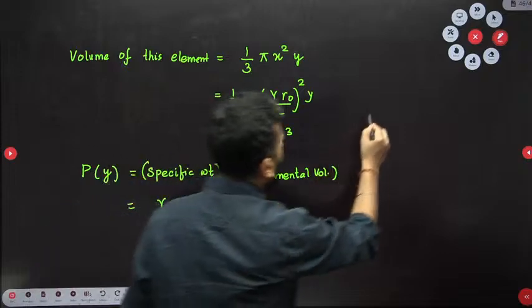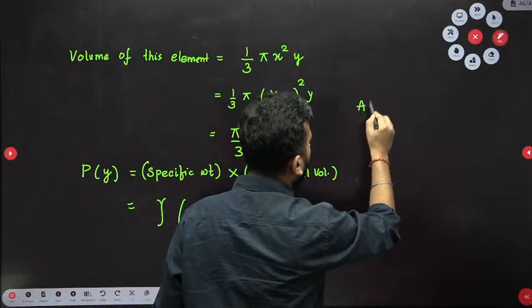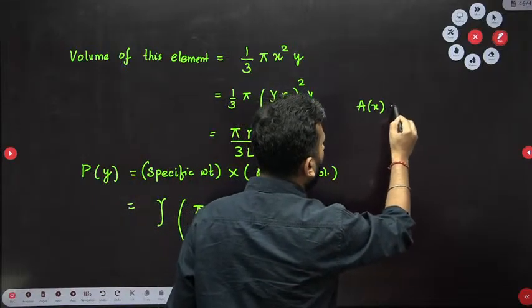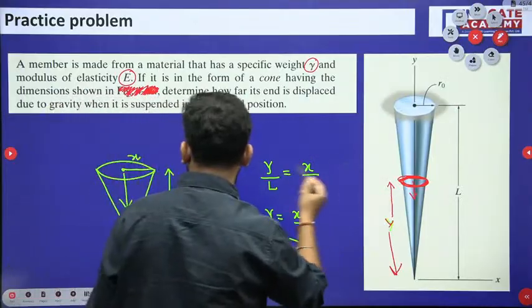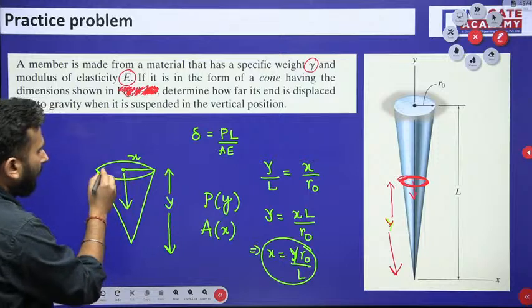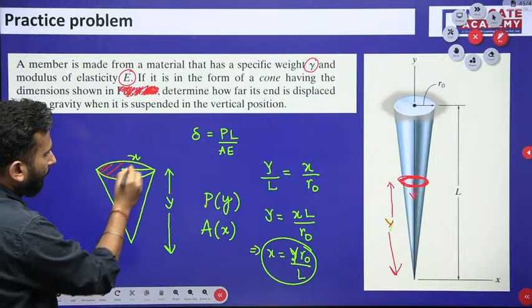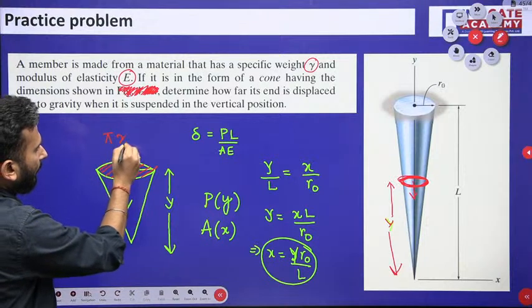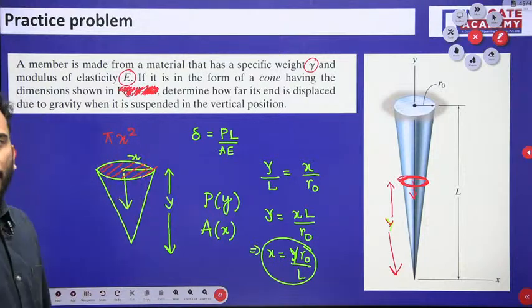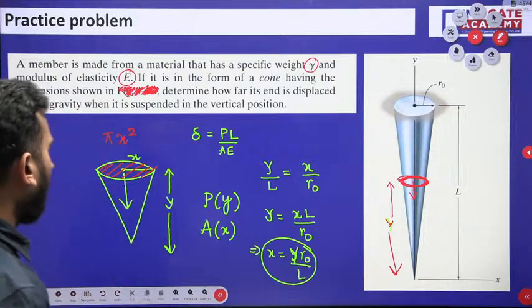And what is the elemental area? That means area at x. So what is the area of the cross section?